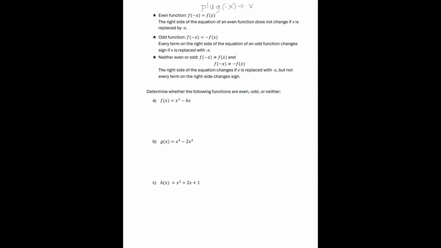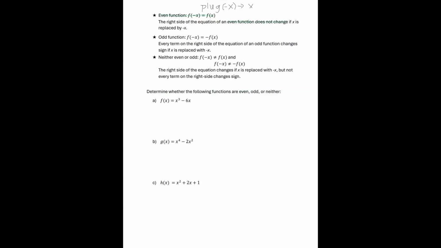So here, we put negative x in for this x. If you do that with an even function, the right side of the equation does not change, all right? This is an even function if x is replaced with negative x and f of x stays the same.